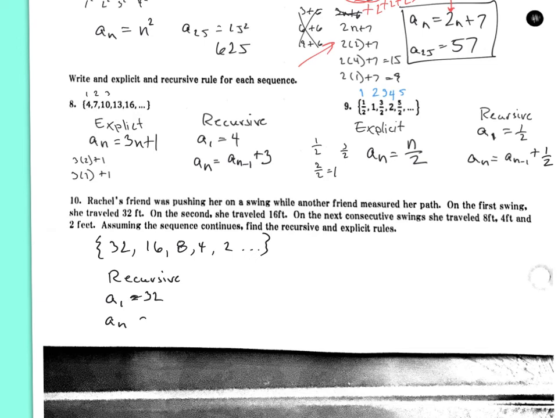A sub n is equal to... well, it's up to you how you want to write this. I want to write this as a sub n minus 1 over 2. Or you could write this as 1/2 times the term before it. Or you could write it as 0.5 times the term before. But remember, you got to use a sub n minus 1. So there's your recursive.